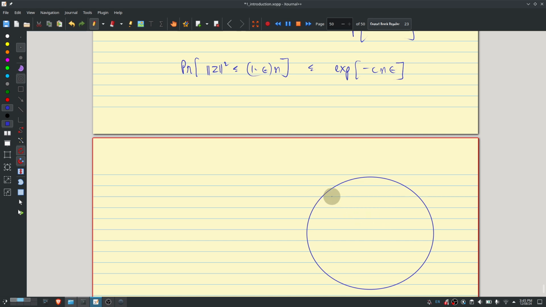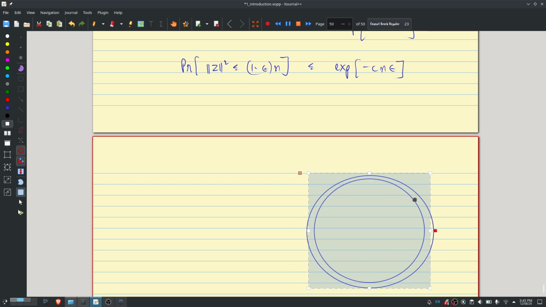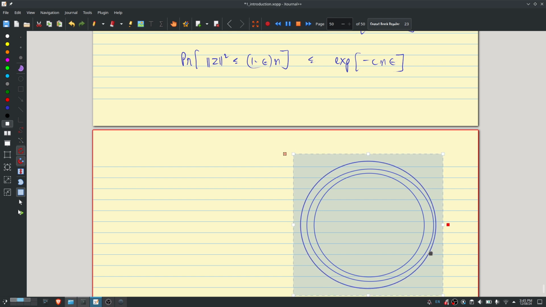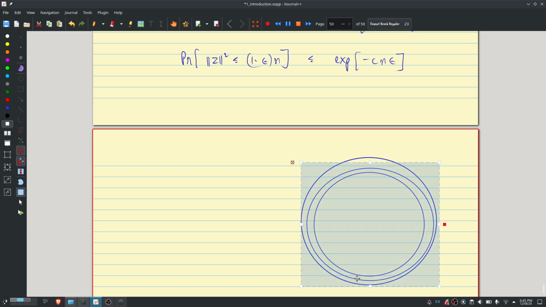So there's a band. You can think of a ball, so this is a ball of radius square root n sigma square, right?